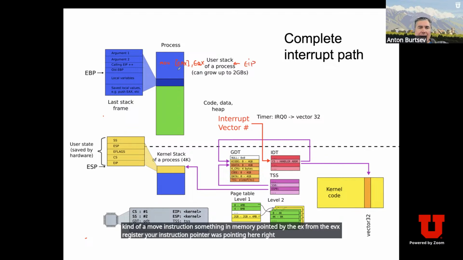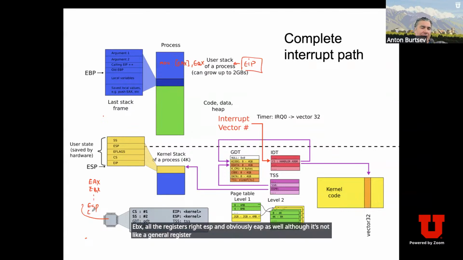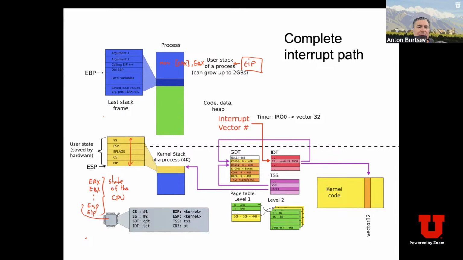So even in this tiny example, the CPU itself contained the user values of EAX, EBX, all the registers, ESP and obviously EIP as well, although it's not like a general register, but it's okay. We still include it here. So this interrupt transition really saved only these 5 values. If this is the state of the CPU, the hardware itself saves only these 5 things and nothing else.